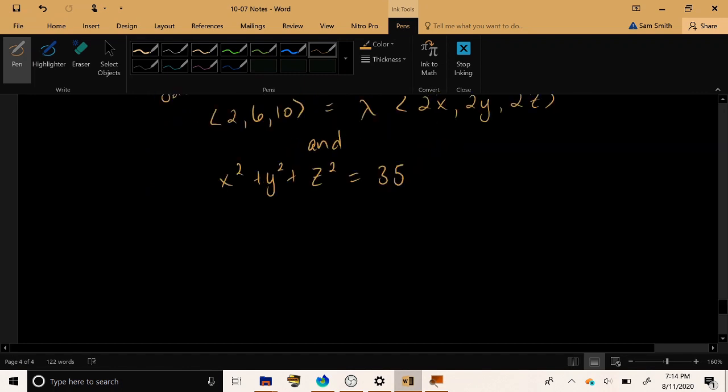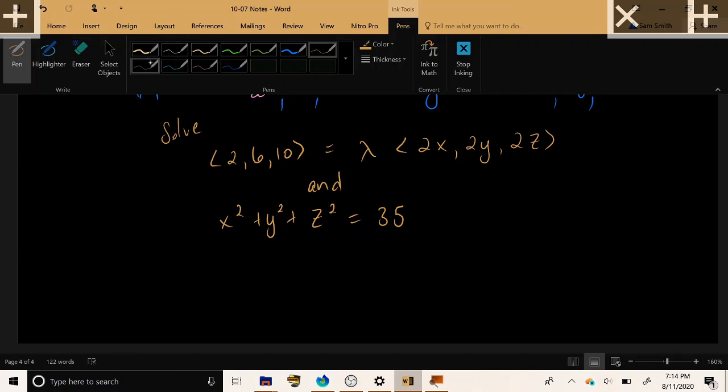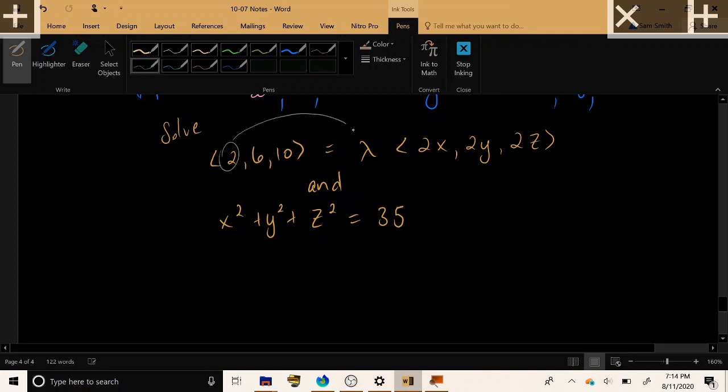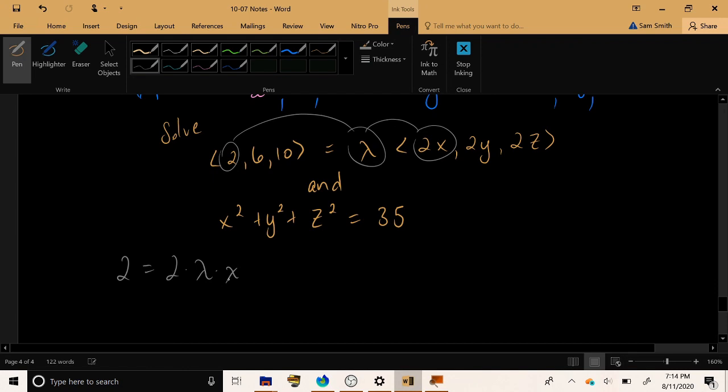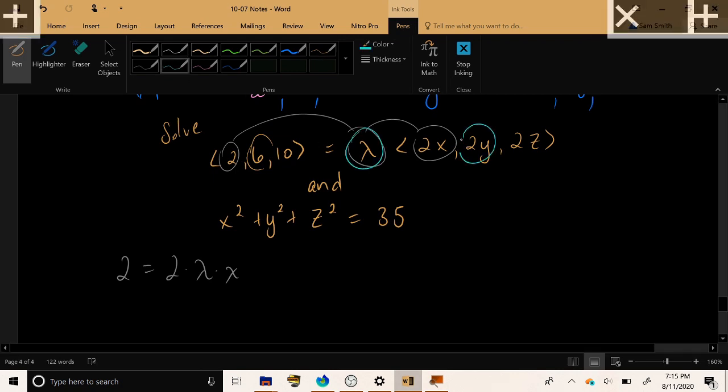So let's go ahead and analyze this. If we take the first component of the gradient equation, this tells us that 2 is equal to 2 times lambda times x. If we take the y component of the gradient equation, lambda 2y, this tells us that 6 is equal to lambda times 2y.